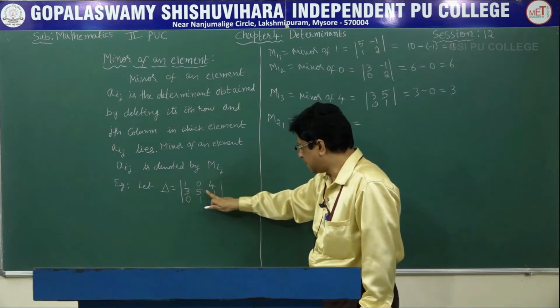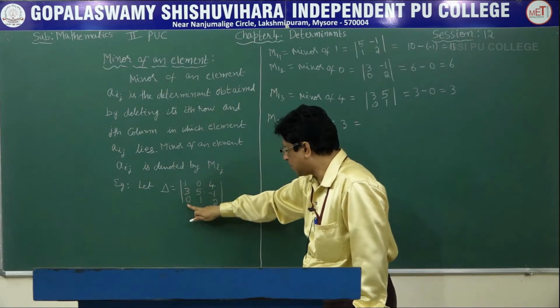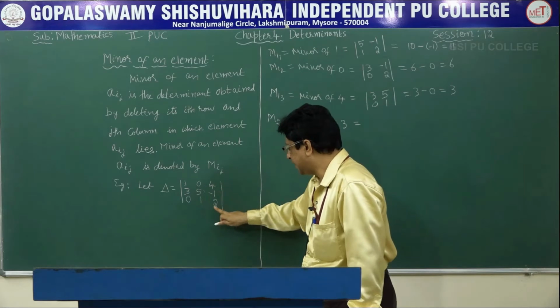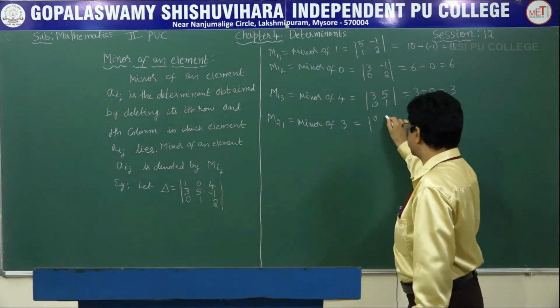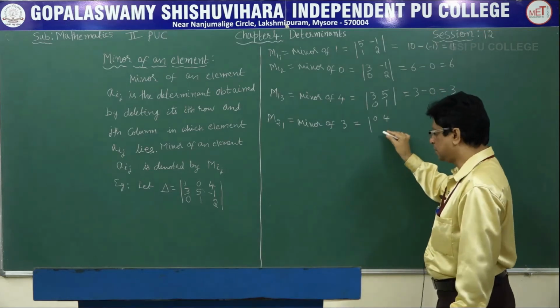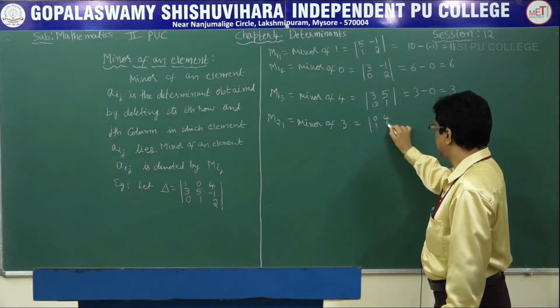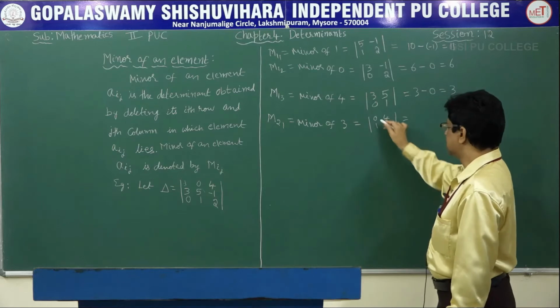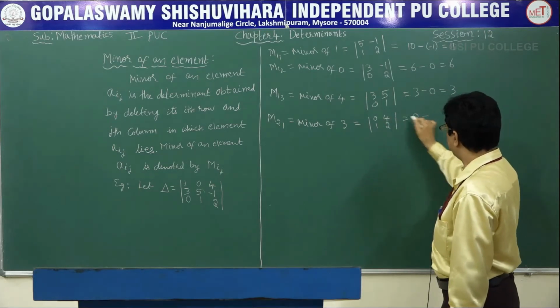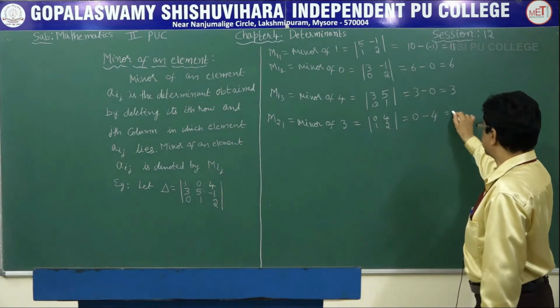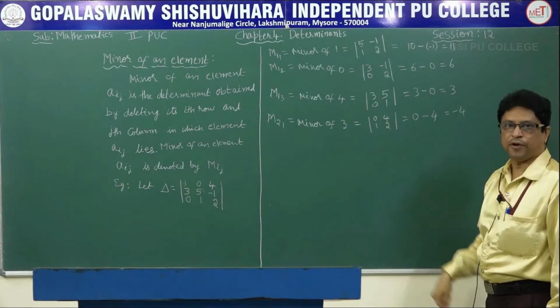We eliminate the second row and first column and take the determinant of the remaining elements, that is determinant of 0, 4, 1, 2. So 0 into 2, 0 minus 1 into 4, 4, which is equal to minus 4.